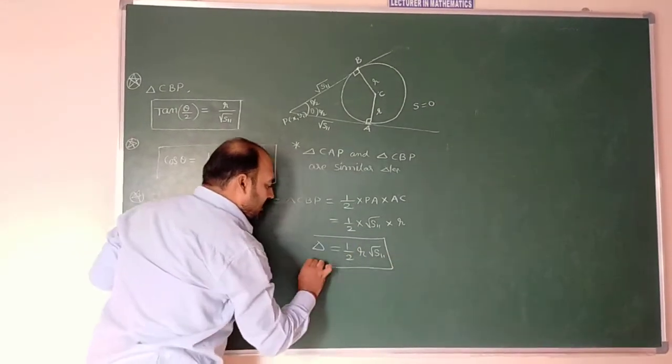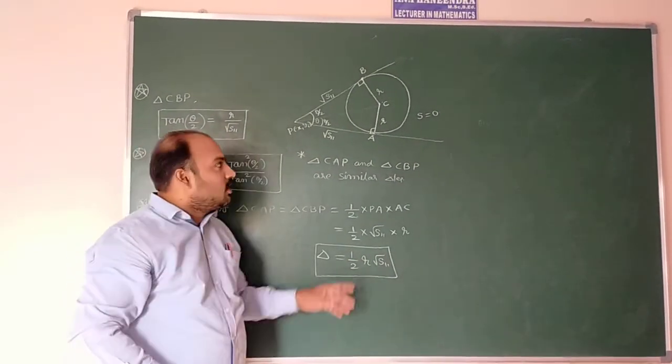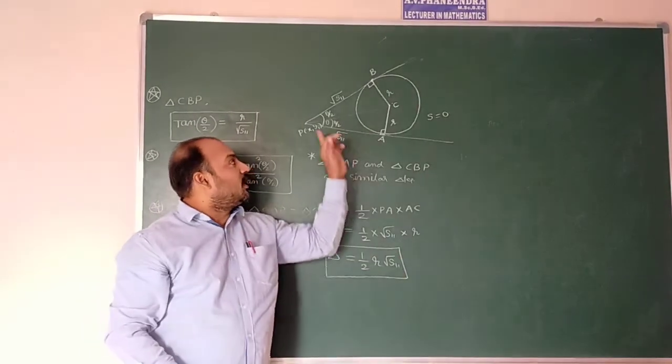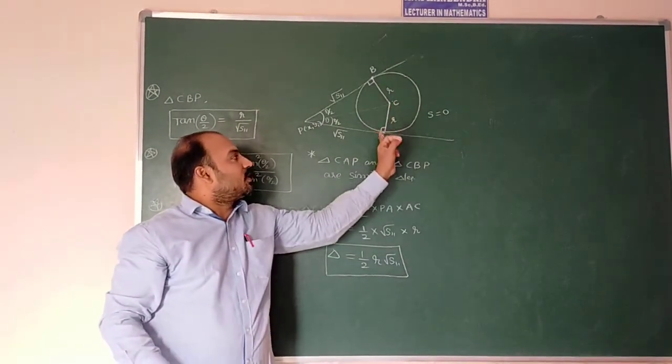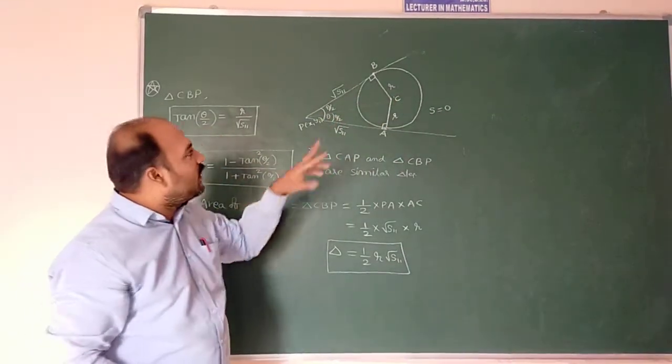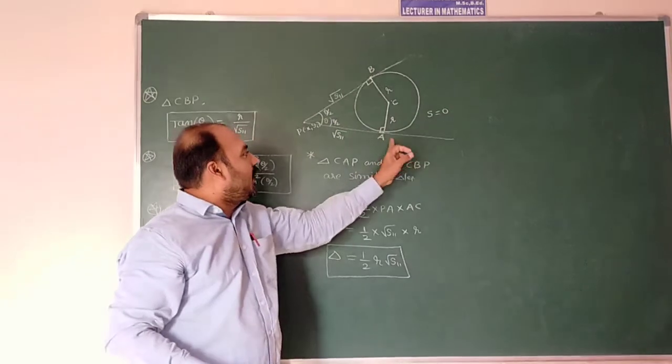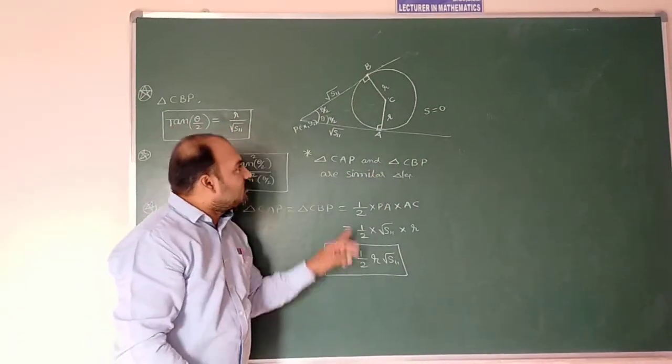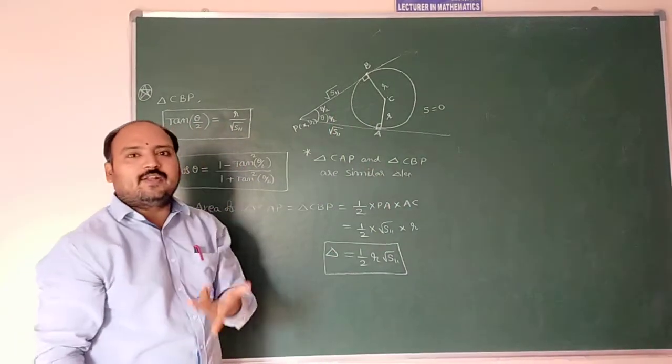So whenever one circle and one external point are given, if they ask to find the area of the triangle from the center to this one, that means CAP. If they are asking to calculate quadrilateral CBPA, the sum of these two triangles' areas, you can write that answer.